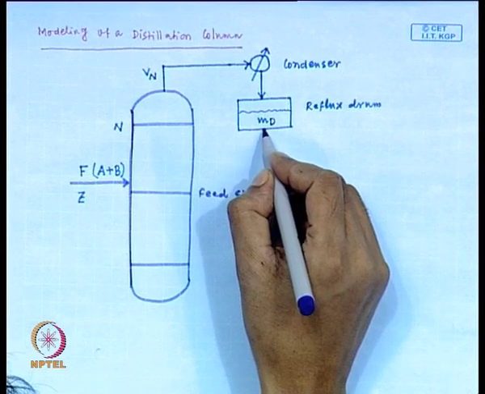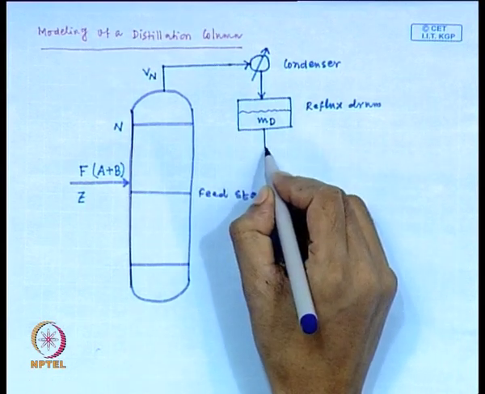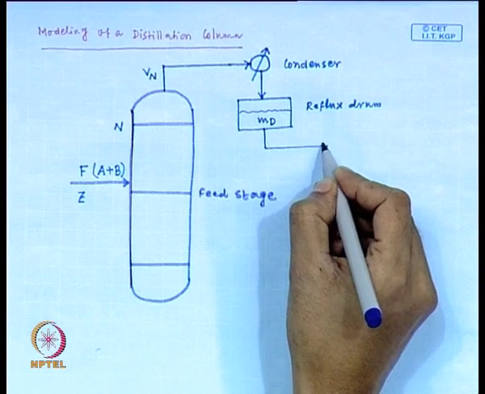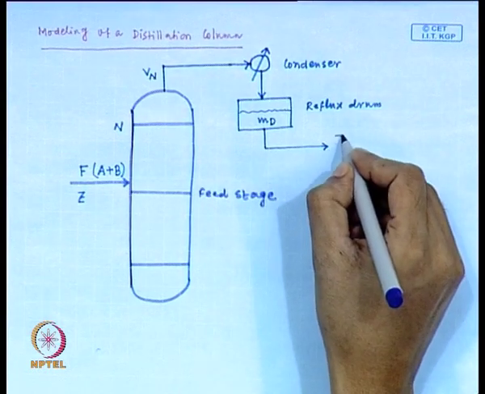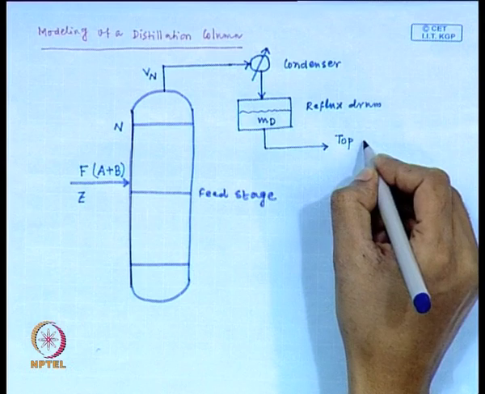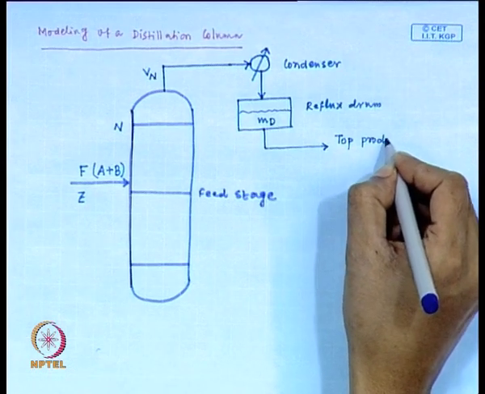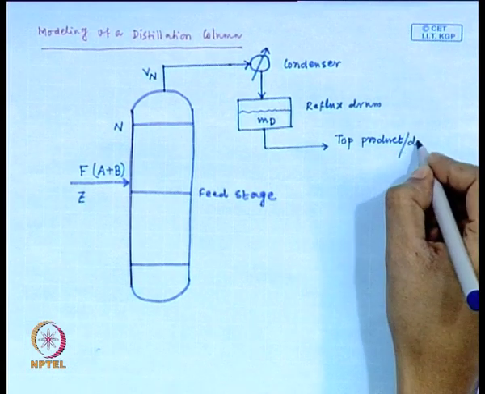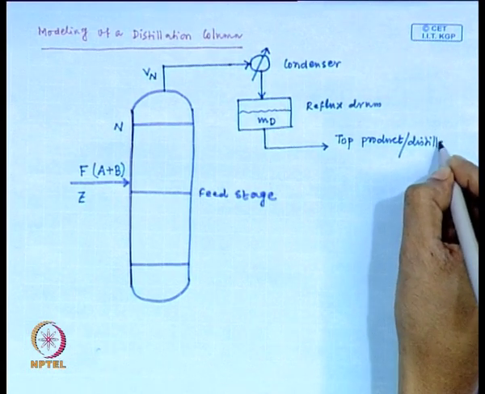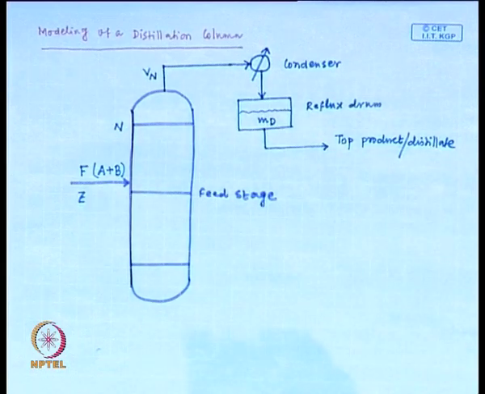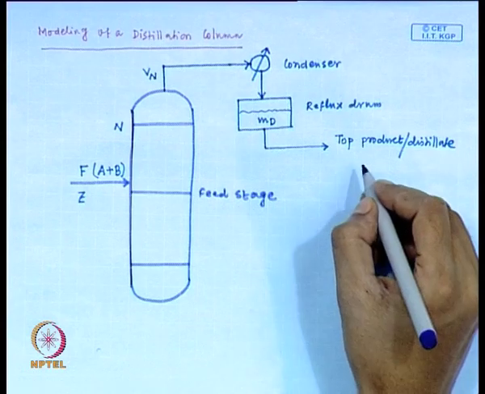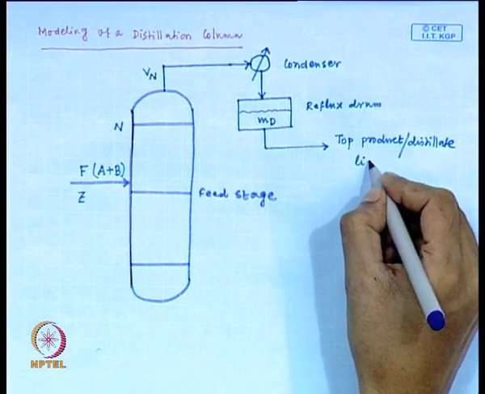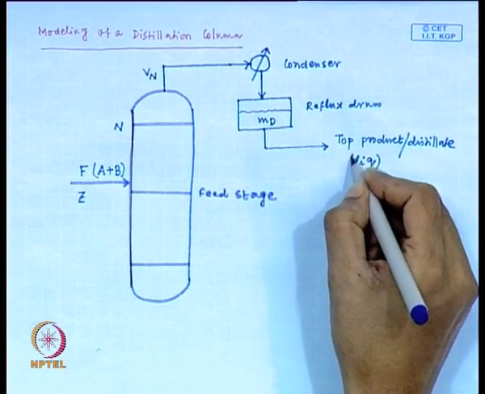A part of this accumulated liquid is withdrawn as top product. This is also called distillate, and definitely this is a liquid stream.